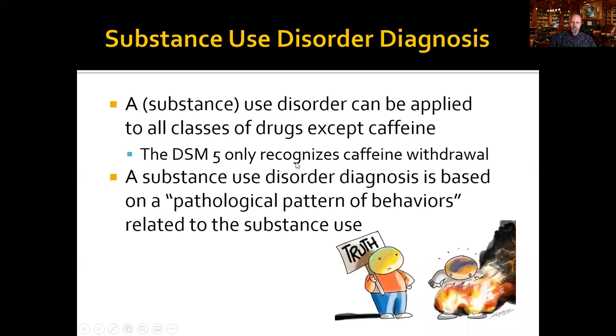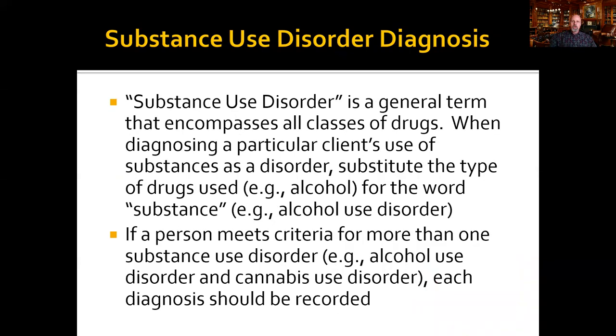The substance use disorder diagnosis is based on a, quote, pathological pattern of behaviors, that's in the DSM-5, related to the substance use. Substance use disorder, although I keep using that phrase, is a general term that encompasses all classes of drugs. When you are actually diagnosing a particular client's use of substances as a disorder, then you're going to substitute the type of drug they used, so alcohol, for example, for the word substance.